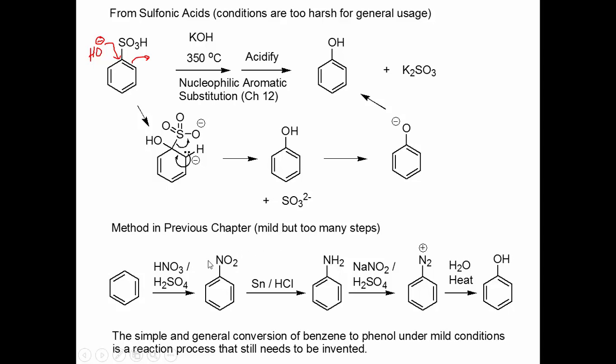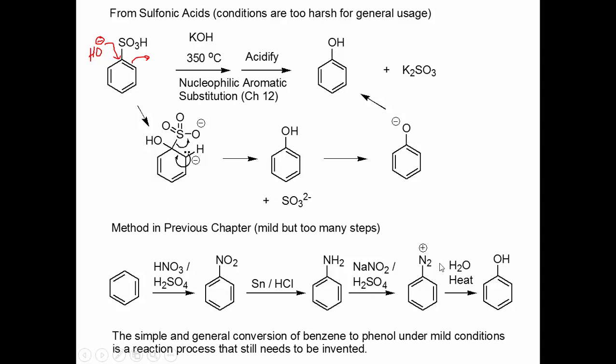All right, here's the mildest method right here, but it involves quite a few steps, and we had this in the amine chapter. Okay, so if we want to turn benzene into phenol, we can do it in a 4-step reaction where we nitrate, reduce the nitro to NH2 with tin/HCl or iron/HCl or various other reductants will do that. We're going to turn the NH2 group into the diazonium salt with sodium nitrite and acid.